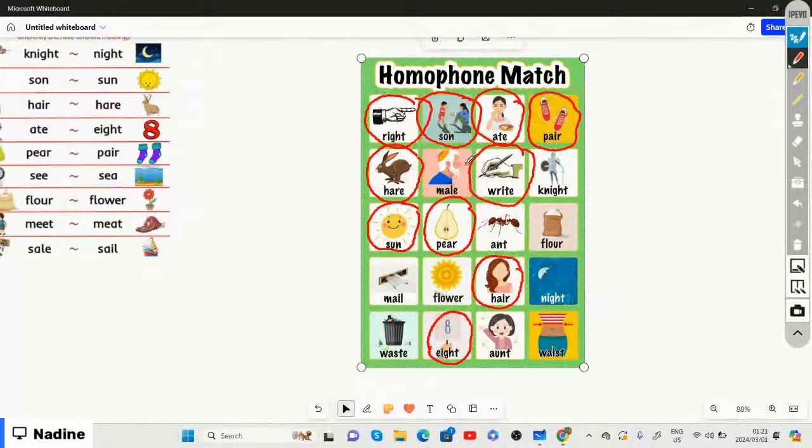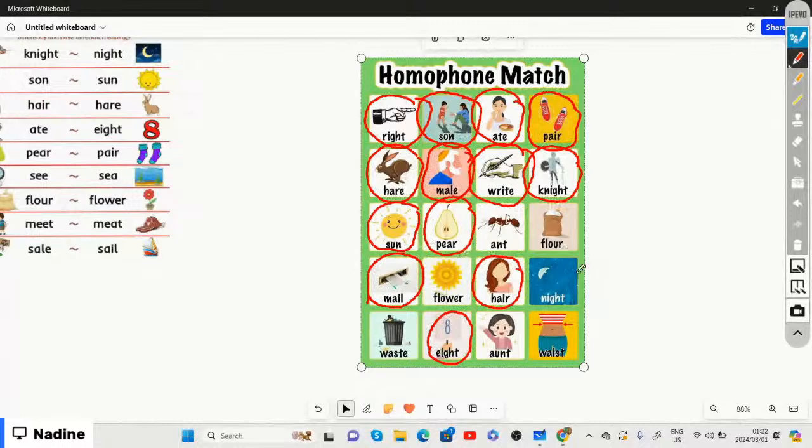Then we have male, right, which is a man, and if it's a younger version, it's a boy, right? And then we have mail, which we get in the post box. Then we have knight, which protects, let's say, the castle, for example.